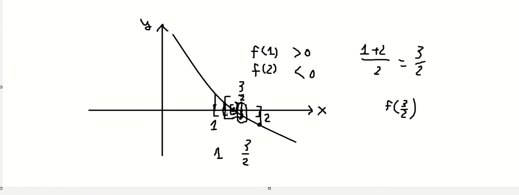Because we need to make sure that the value gets smaller and smaller, reaching 0. We need to get near 0 and get the value at the end. Now we put into the function f(1), f(2), and the next one f of (1 plus 2) over 2.